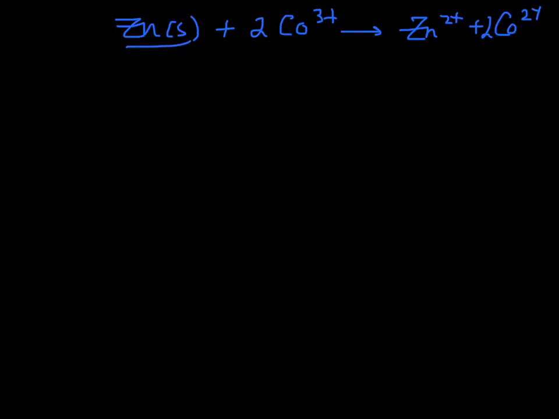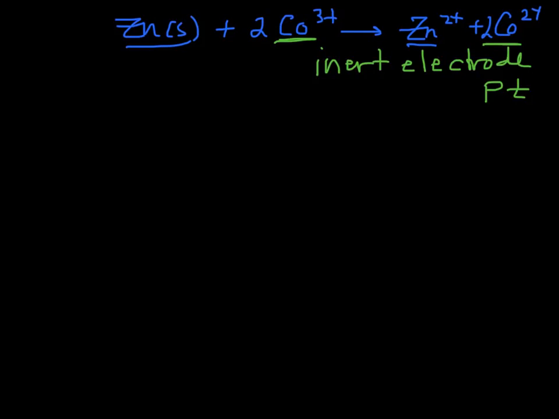Well, I can use a zinc electrode. On one side I'll make my electrode out of zinc, but in the case of cobalt, I don't have cobalt, I have 2 different cobalt ions. So whenever you don't have a metal available, you're going to use an inert electrode. That means some metal where you can react on the surface of it, but it doesn't actually react. Almost always going to use platinum.